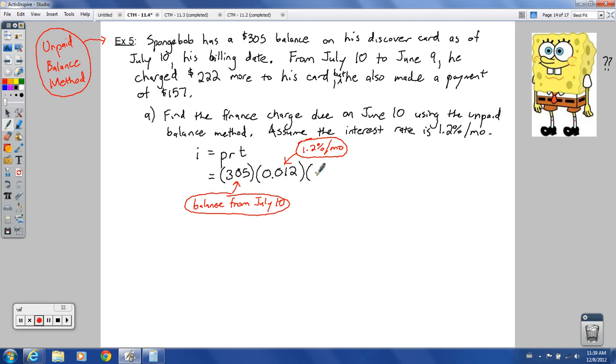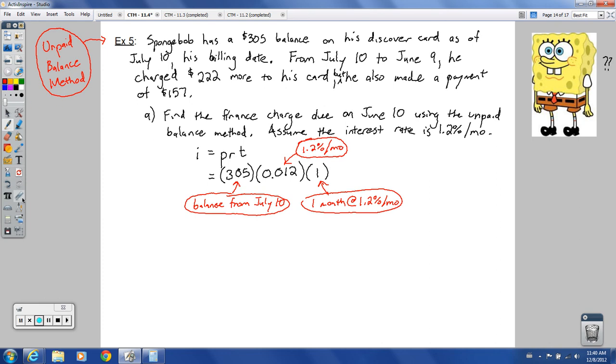How many months is this? This is just 1 month. So we just put a 1 in there. From July 10 to June 9, 1 month. So this is 1 month at 1.2% per month.